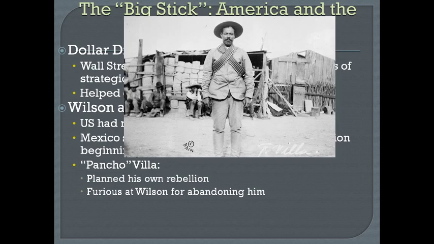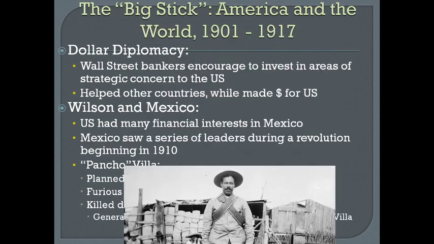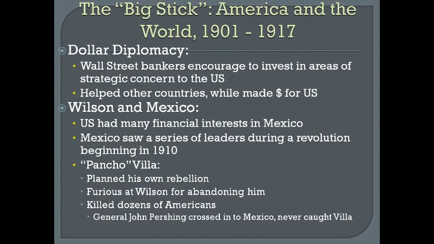He was furious at Wilson and America in general for abandoning his support. So what he did was he killed dozens of Americans, including Americans both on the Mexican border and in the United States, in states like Texas. And so what America did was we sent General John Pershing to cross over to Mexico and capture Pancho Villa, but Pancho Villa escaped and we were never able to capture him.